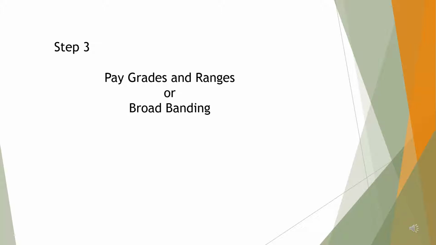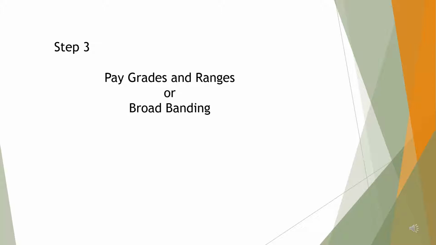Step 3, we see where the internal alignment and the external competitiveness intersect. So at this point, we have to make a decision on how we are going to organize our internal jobs and attach a wage or range of wages to those jobs.